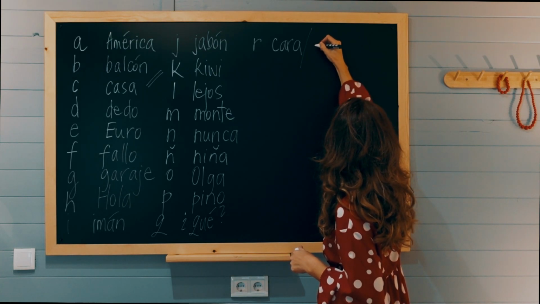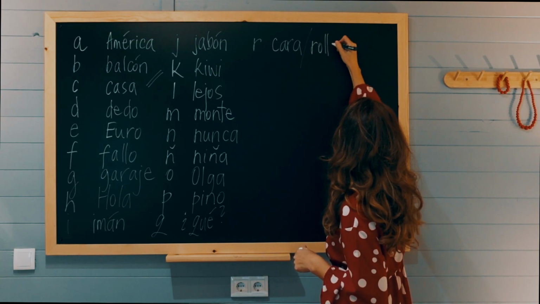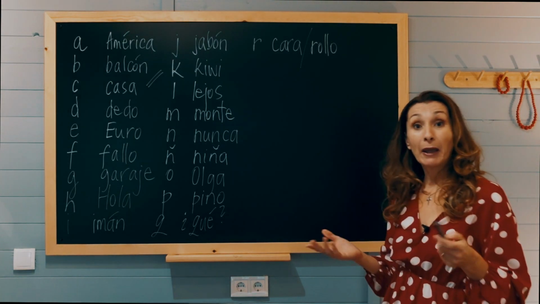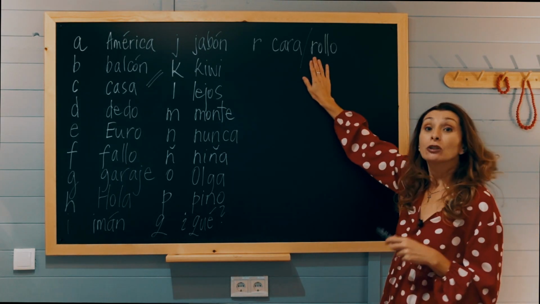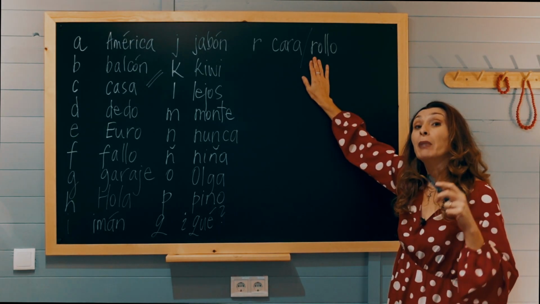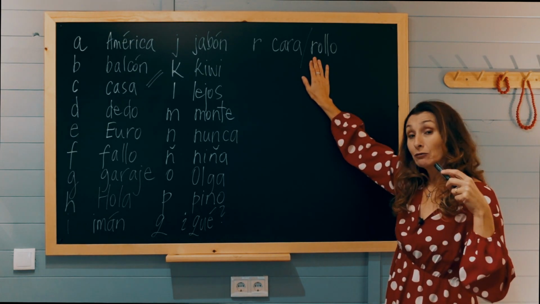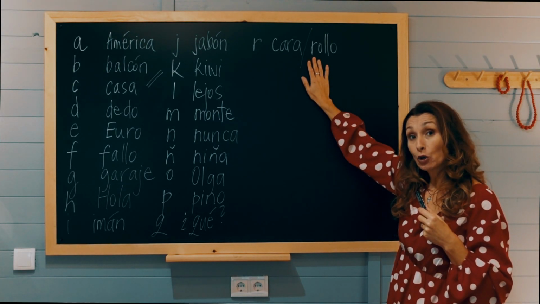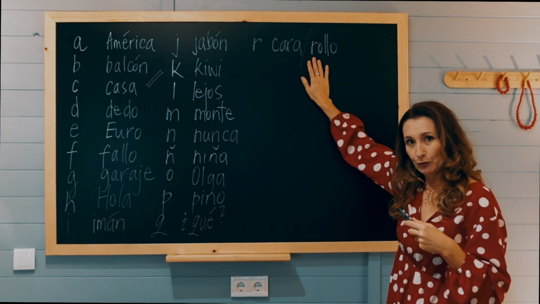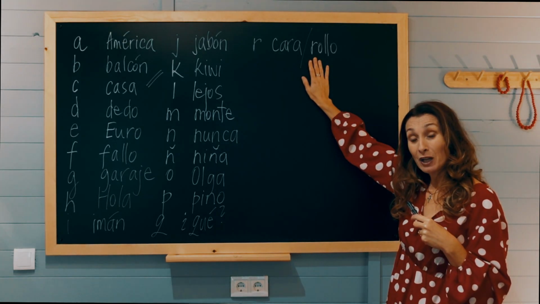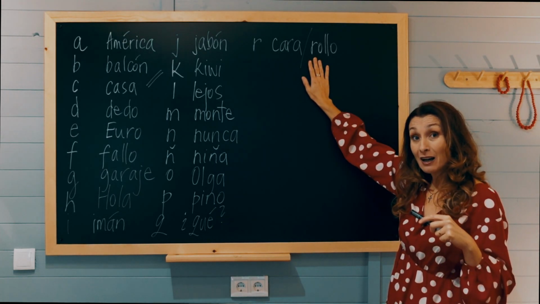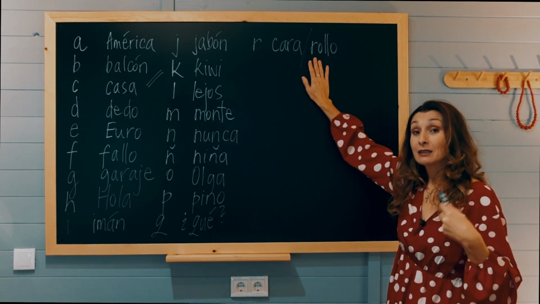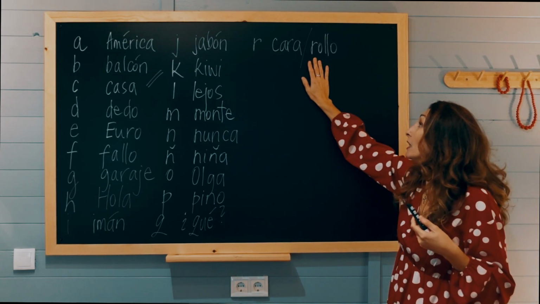I will write it here. Rollo is a roll, rollo de papel, paper roll. Rollo, it's written with one R, but you have to know that in pronunciation it's a double R. So you don't say rollo, you say rollo, okay? Any Spanish word starting with an R is written as a single R, but pronounced as a double R, okay?